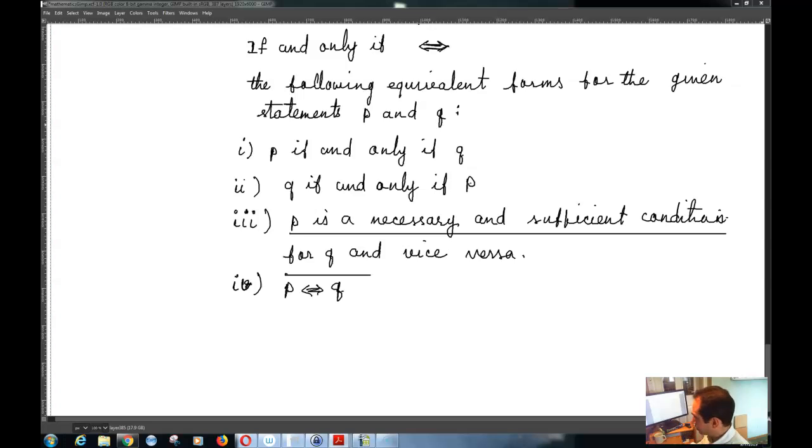Okay, so we had some part over here where we had an example.